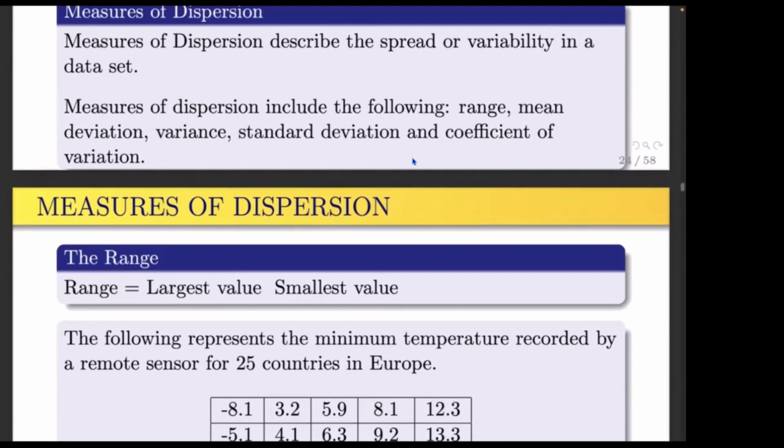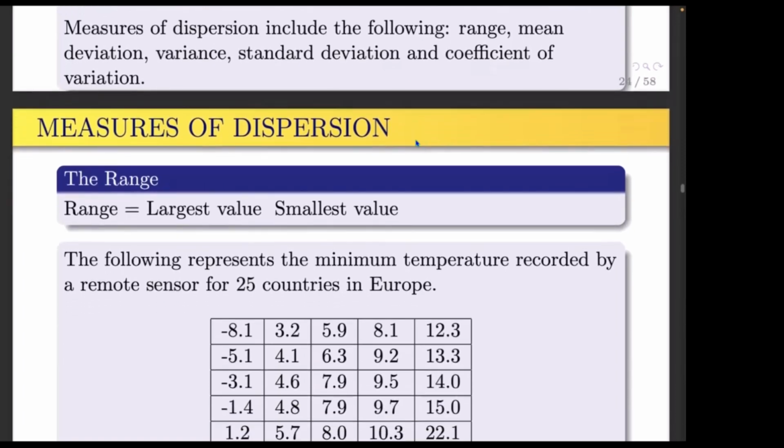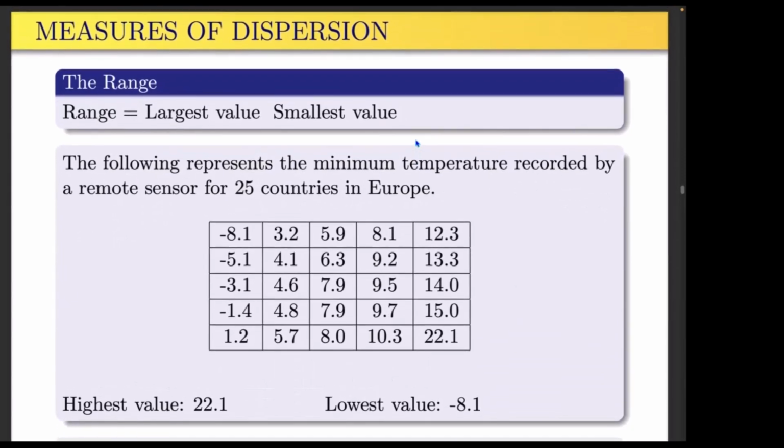Dispersion is the same as spread. When you're spreading something, you are probably finding the difference, which makes it more variable. So we have the range, the variance, and the standard deviation.